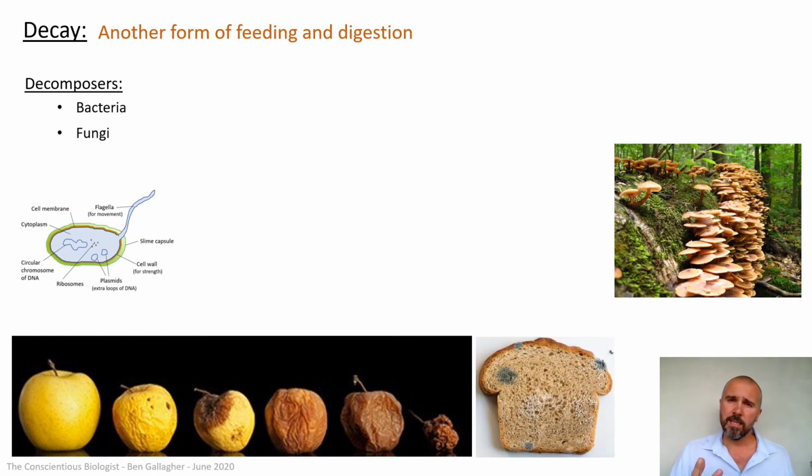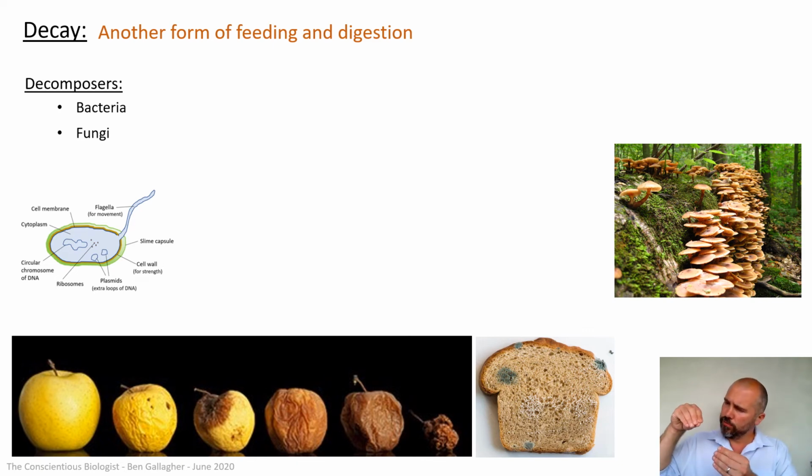The second main type of decomposer is fungi. Now, I've put 2 examples here, one above and one to the side of me. This is a really good one though. This is fungi feeding off a dead tree. Anytime you go walking in the woods or any sort of parkland or woodland, you'll see dead trees, dead material. They'll almost always have loads of fungi of different types.